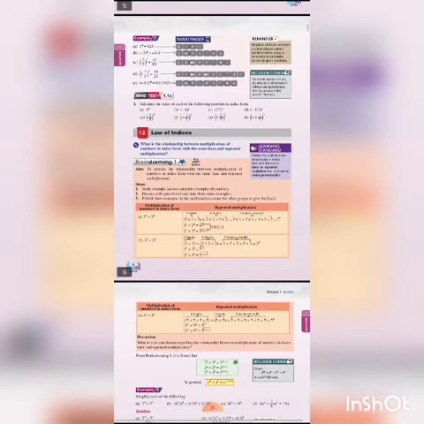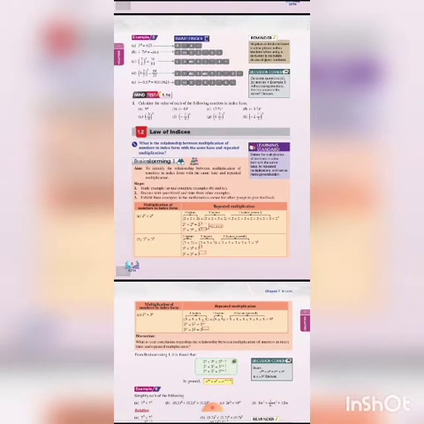For question A is 2 square 3 multiply 2 square 4.